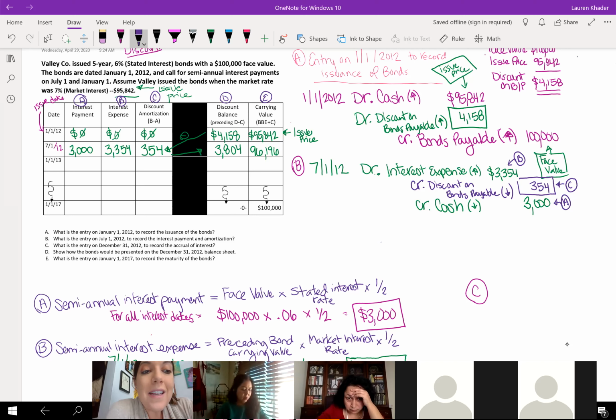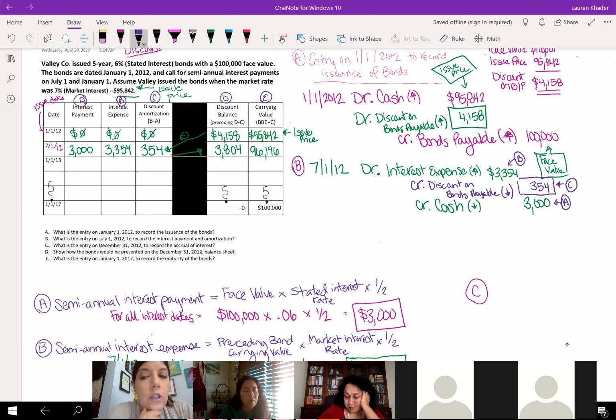For the next semi-annual interest payment date, they pay interest on July 1st and January 1st. For the January 1st payment, when do you incur the interest? During 2012 or during 2013 when you actually pay it? 2012.